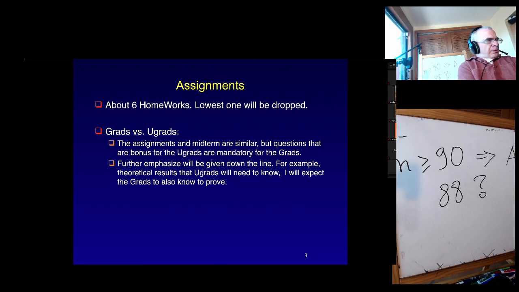What else? We will have a midterm and a final. There is a date that I set for the midterm, but we can change it. It should be roughly the middle of the semester. From the middle of the semester, we are taking another week or two to rehearse and get answers and go over materials that we discussed in the first half of the semester, and then there is a midterm.